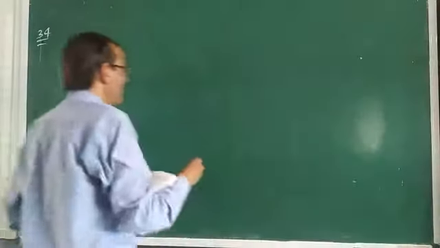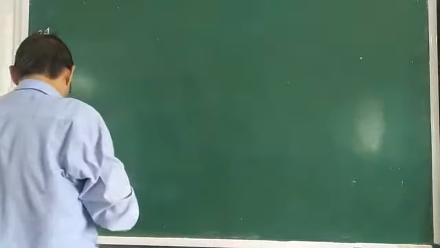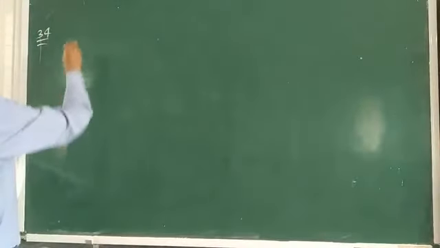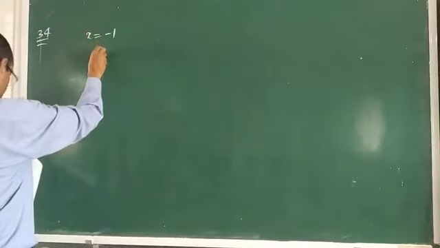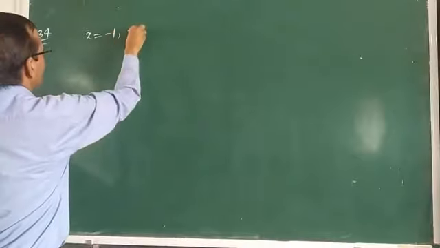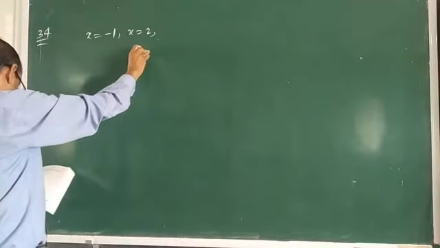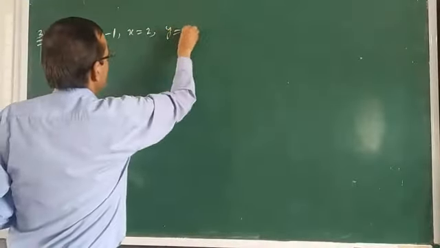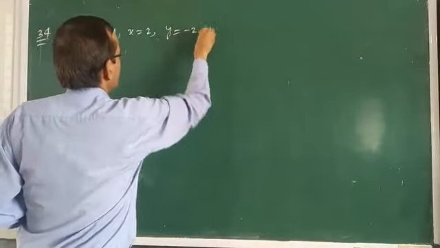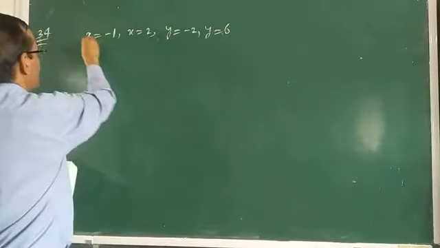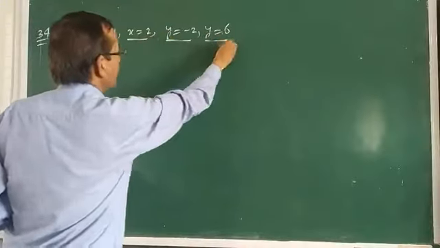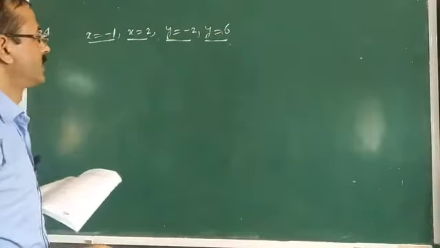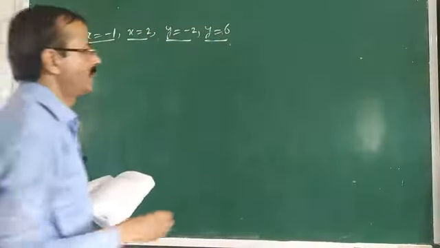First, let us make a graph of this. In this question, given that x is equal to minus 1, x is equal to 2, y is equal to minus 2 and y is equal to 6. These values are given. So by using these values we have to plot on the graph.